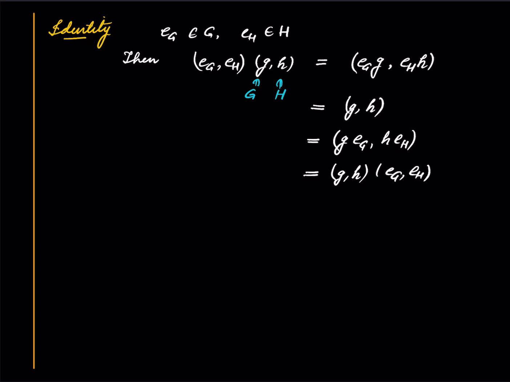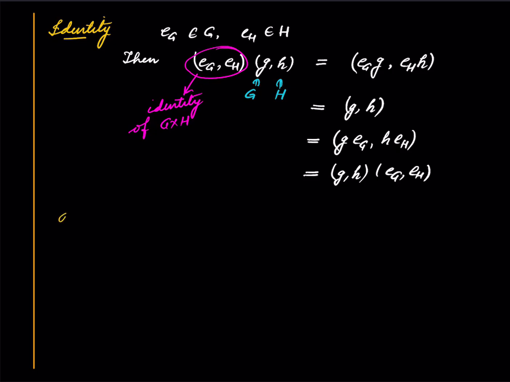So we see that (EG, EH) is the identity of the Cartesian product. So it has an identity.